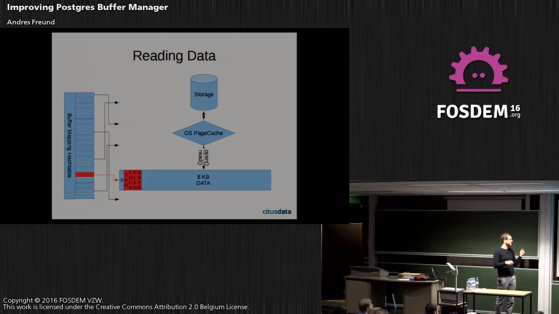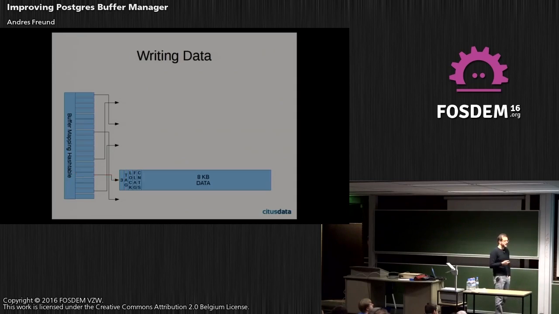And if the OS hasn't cached it either, the OS asks the storage, and the storage tells the OS, and then the OS tells us that it has this data. Unfortunately, that's hard to see, the red here, sorry. This says count. Every time we want to read a page, but it's already cached, we increment the count of the page. Why? I'll explain later.